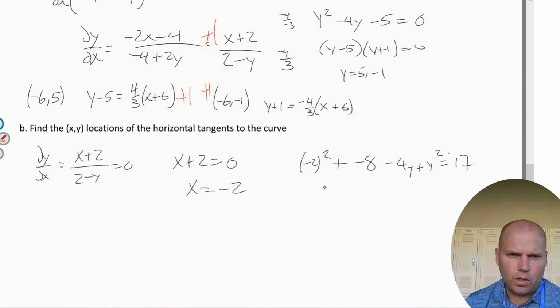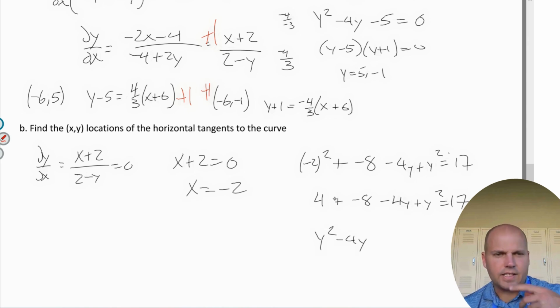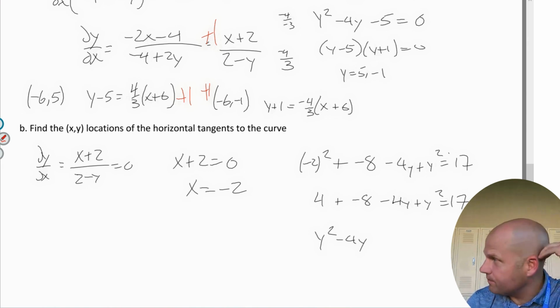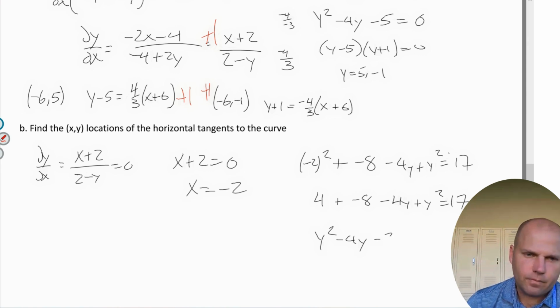We get 4 minus 8 minus 4y plus y squared equals 17. I got y squared minus 4y. I got this negative 4, and then I'm subtracting 17, which will give me negative 21.